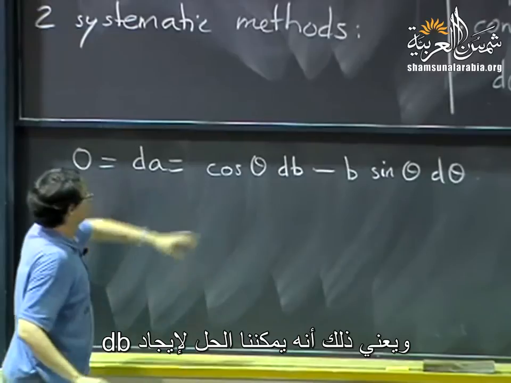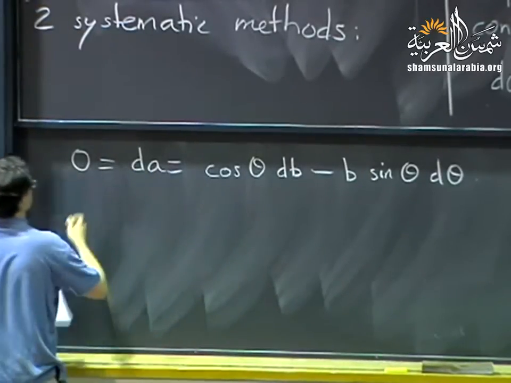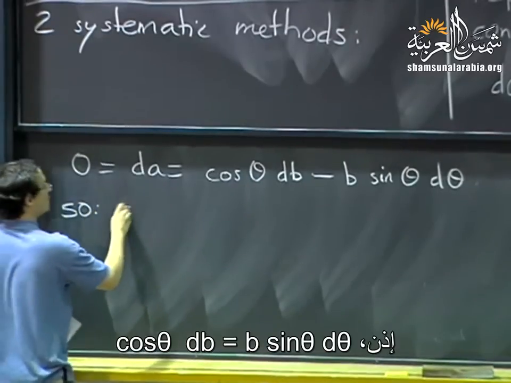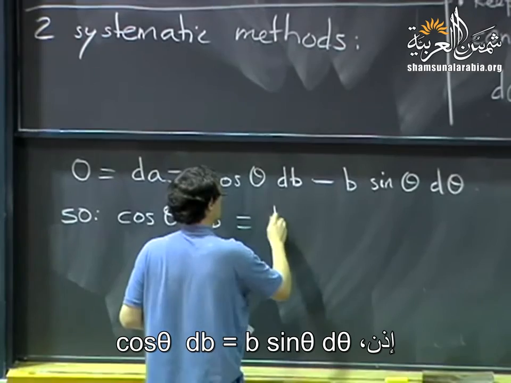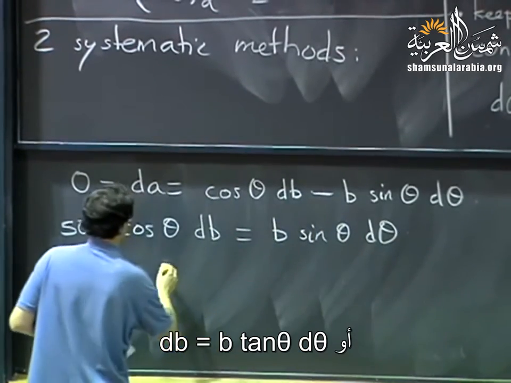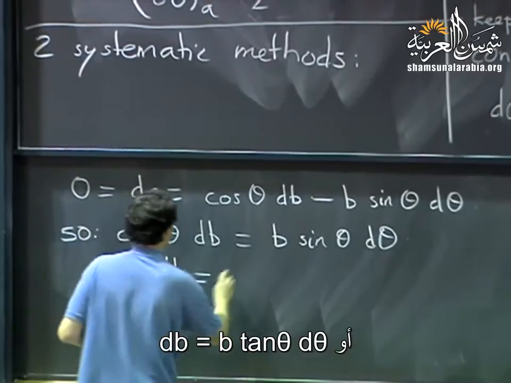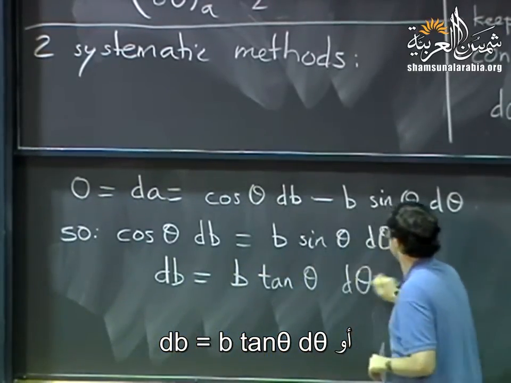That means that actually we know how to solve for dB. Okay? So cosine theta dB equals b sine theta d theta, or dB is b tangent theta d theta.